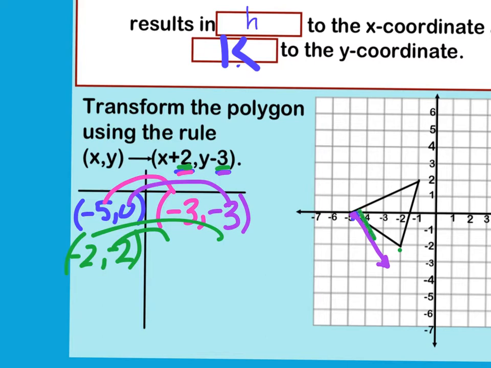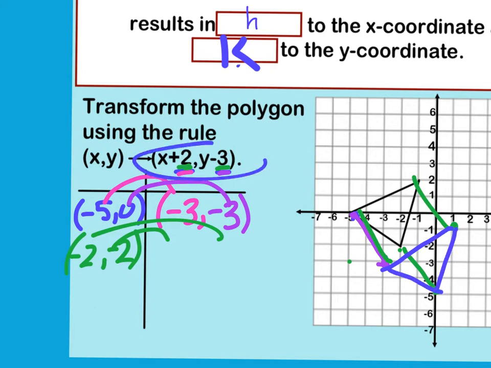So if this was the vector, I could copy that vector and move it over. It goes down 1, 2, 3, over 1, 2. I can go down 3, over 2, put a point right there. And my new image after translation is here.